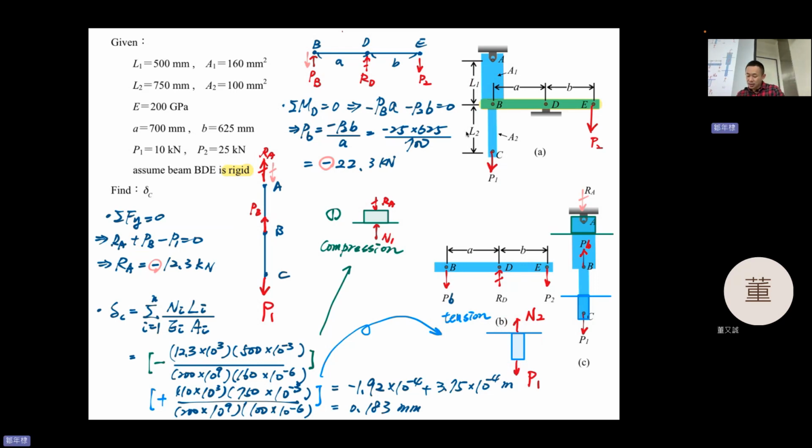I cut it. I choose the upper part and bottom part freely. I can choose anything I want. If you want to check whether this is correct, you can use this part for the compression and that part for the tension. So everything's okay.